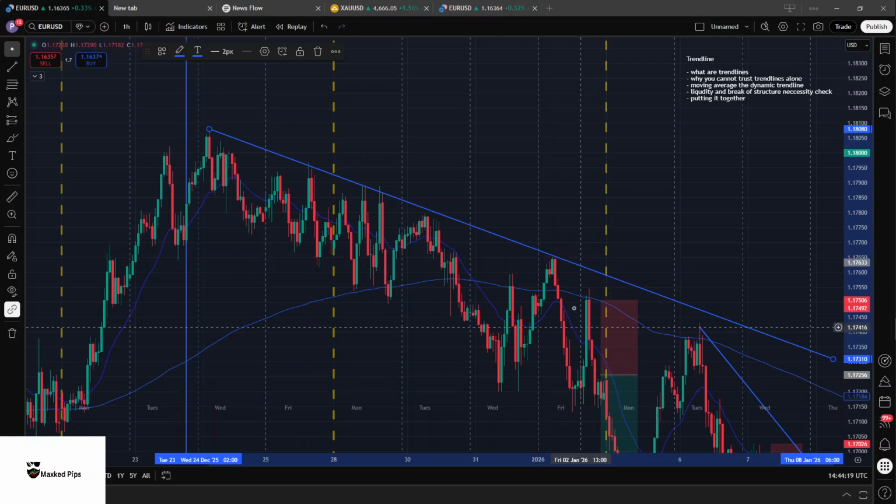So it's not like you can't trust trendline. It works for a lot of people, but using trendline alone, there are a lot of conditions and a lot of rules you have to break to use it.